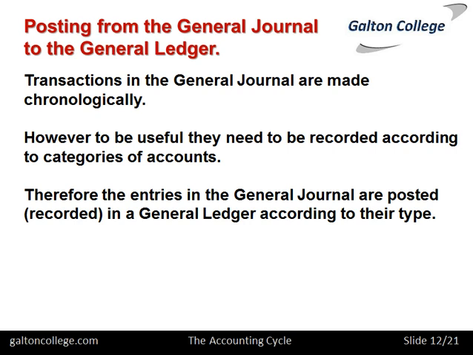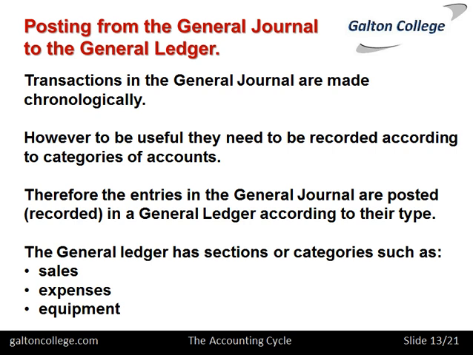That's an accounting term for recorded. They're posted in a general ledger according to their type. So now they're in two. They're in the general journal, which is an account of everything according to date. But they're also in the general ledger according to their type. And the general ledger has sections or categories such as sales, expenses, equipment.